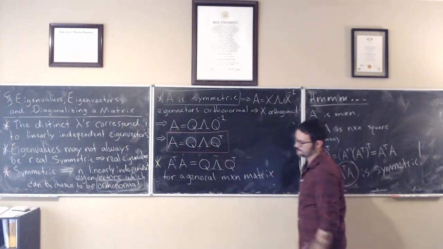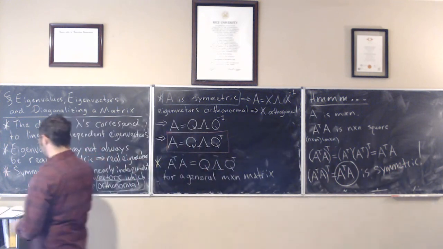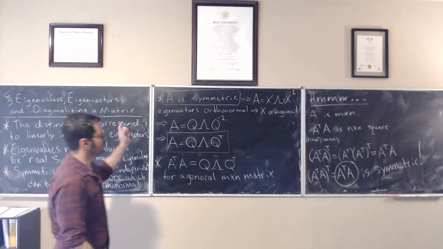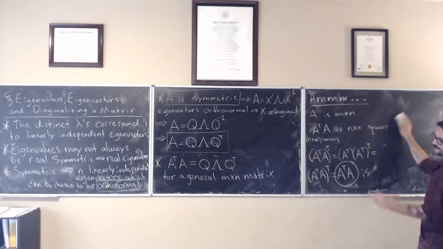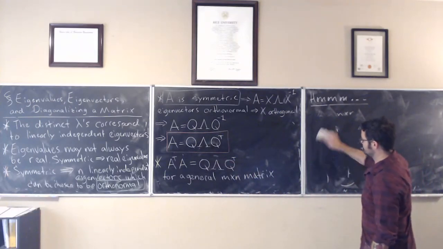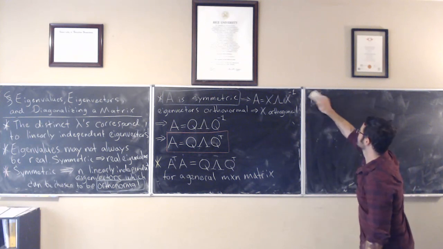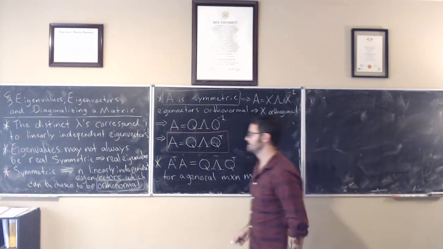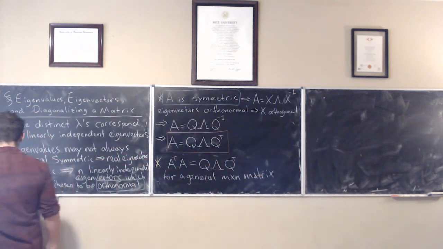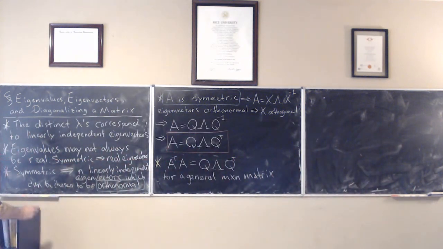We can do that because this is symmetric, and we know that if it's symmetric, we can have orthonormal eigenvectors, and we get this nice little factorization. So let me look ahead a little bit.